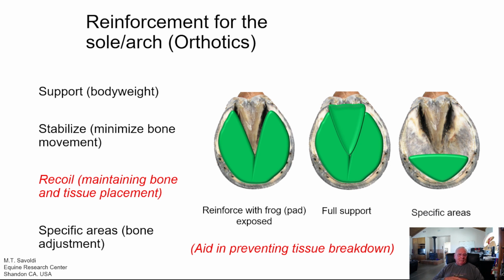So if you're just going to put something in the toe area, you probably are going to have a little inflammation in the bone if you're not careful. This takes expertise. I just mention this because it's possible, but you can get the horse in a lot of trouble.